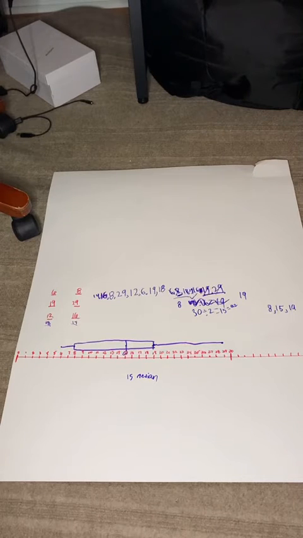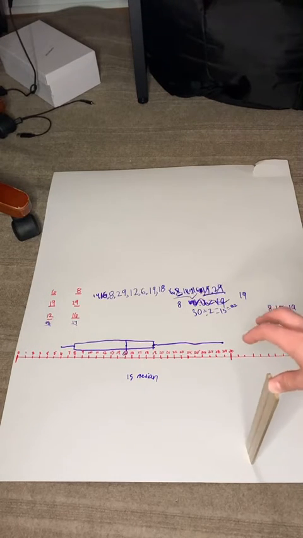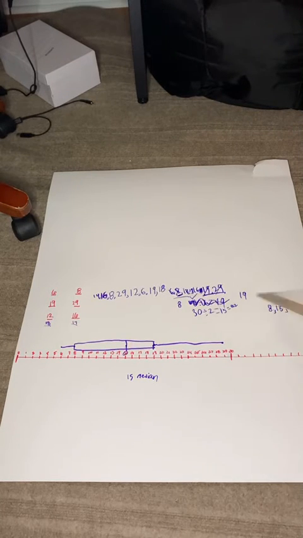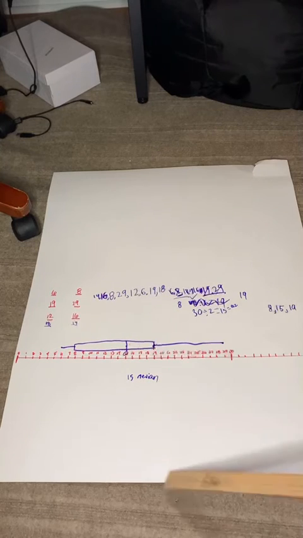Then I go to quartile 1. So quartile 1 was 8, as you can see, so I put it on the 8. And then, we're using dots, by the way, and then quartile 2, obviously, it is 15, so you put it on the 15.